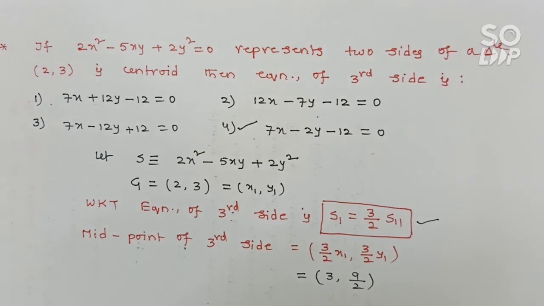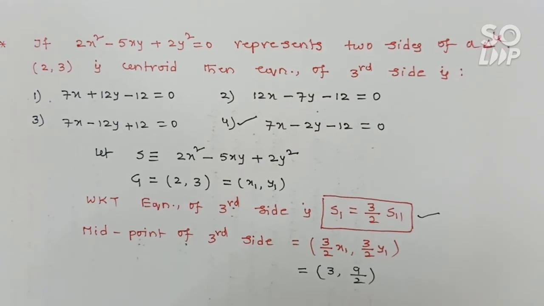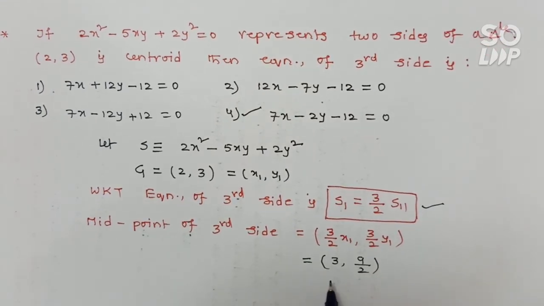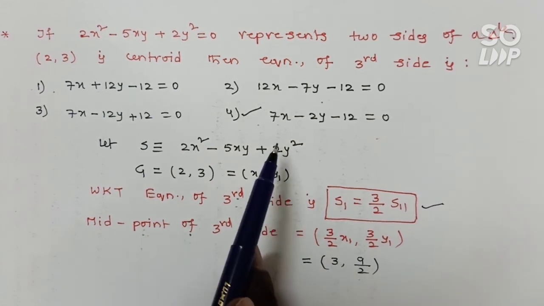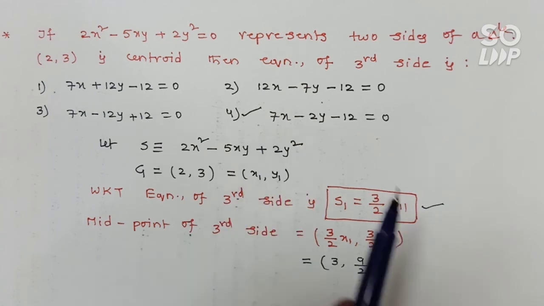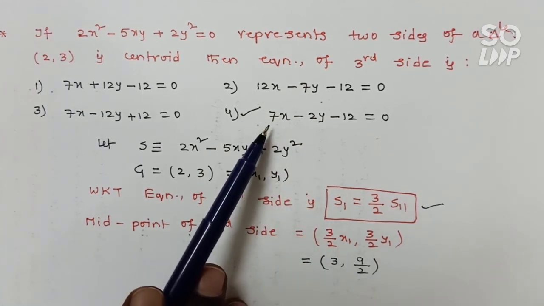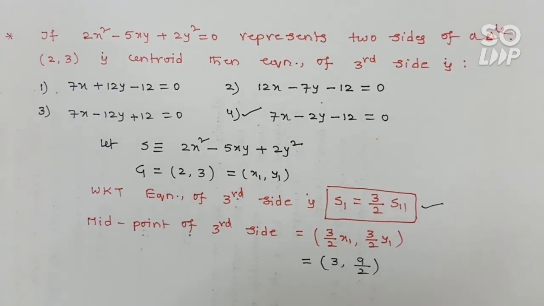Because the midpoint of the third side satisfies the fourth option. 21 minus 9, that is 12. 12 minus 12 is equal to 0. So your correct answer is the fourth option.